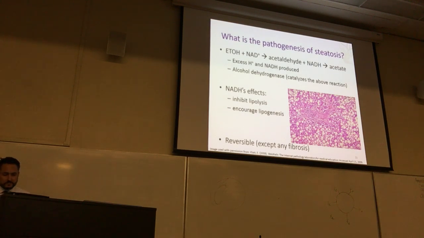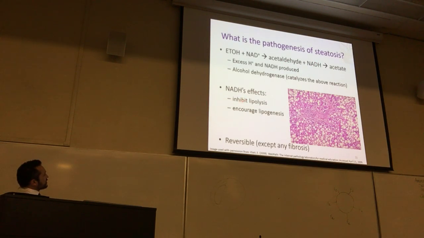So if we look at this reaction, we've got alcohol dehydrogenase, which is the catalyst that moves this from left to right. The intermediates, like NADH, this is one of the intermediates. I'll talk about acetaldehyde here in another slide.